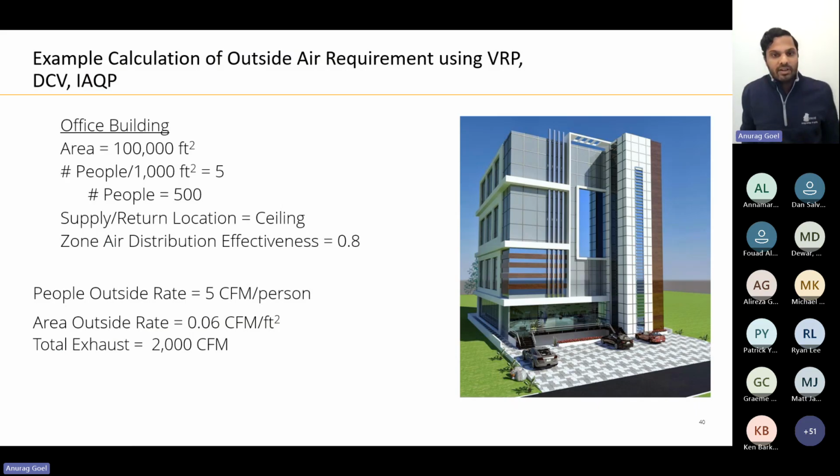In this building, applying a default occupant density of 5 people per 1,000 square feet, we have 500 people. We're supplying cool air above the breathing zone, so the distribution effectiveness is 0.8. And in this building, we also have about 2,000 CFM of exhaust from all the prescriptive end uses, such as bathrooms, janitor closets, and a few electrical closets.